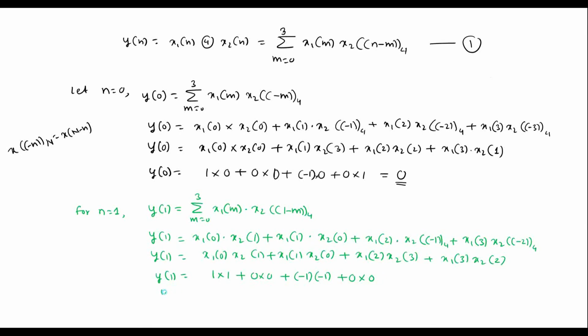So simplifying this, y of 1 is equal to 1 plus 0 plus 1 plus 0, which is equal to 2. So y of 1 is 2.